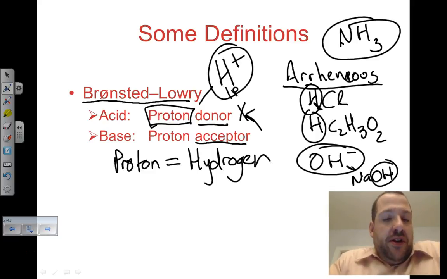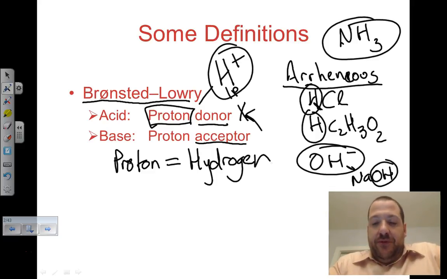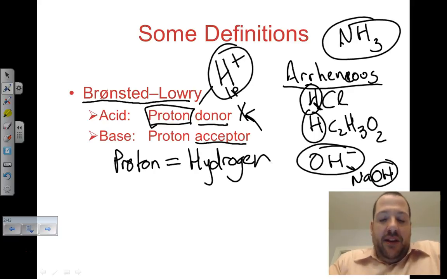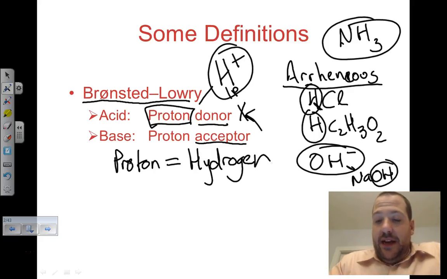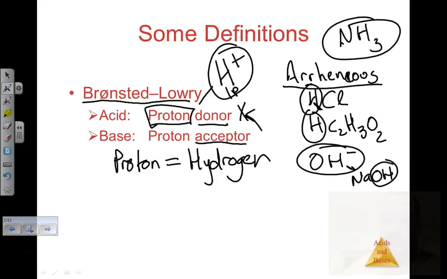But we won't talk about Lewis acids and bases in great detail. The Bronsted-Lowry theory is what we're going to use to define our acids and bases.